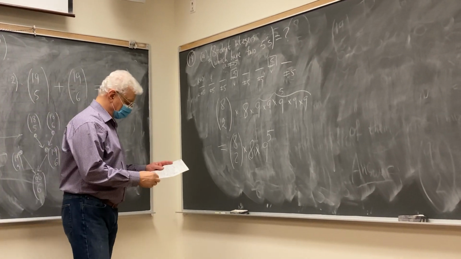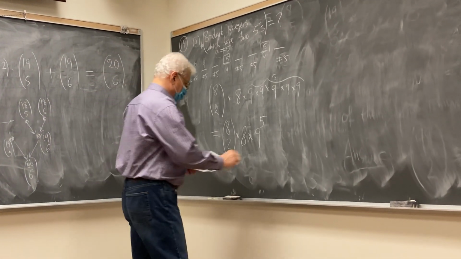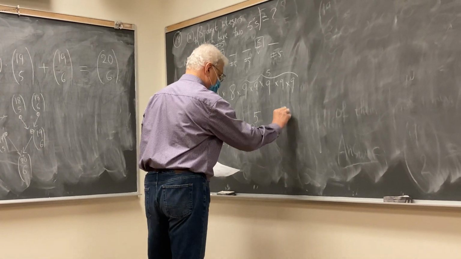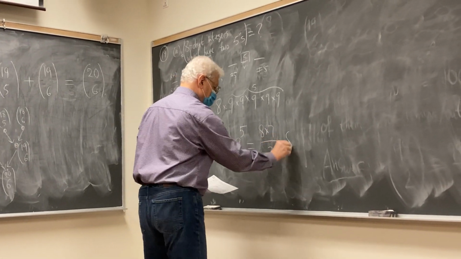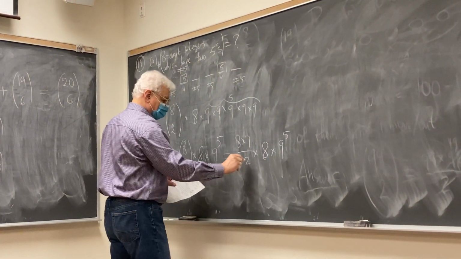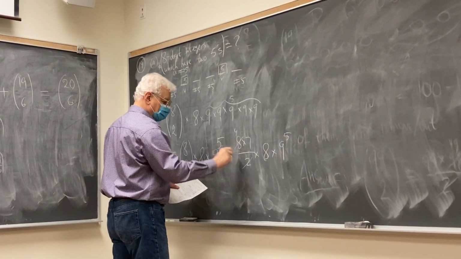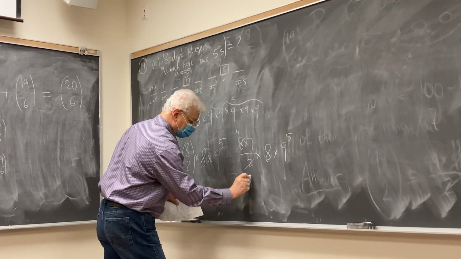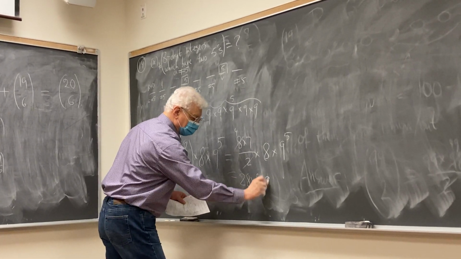And then we calculate it. So it's 8 times 7 divided by 2, times 8, times 9 to the power 5. So we can cancel; this will be 28. So 28 times 8 times 9 to the 5.